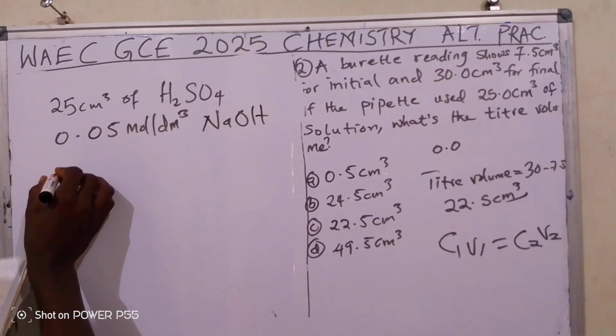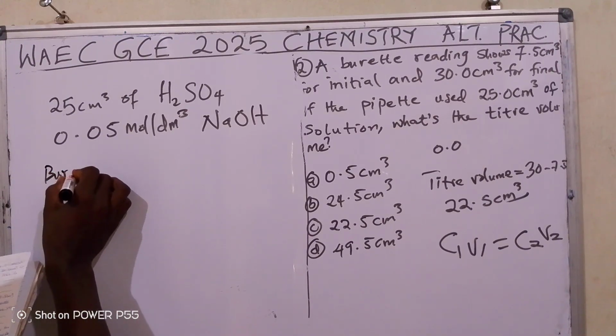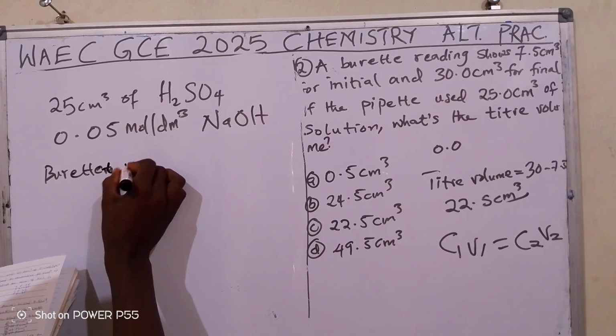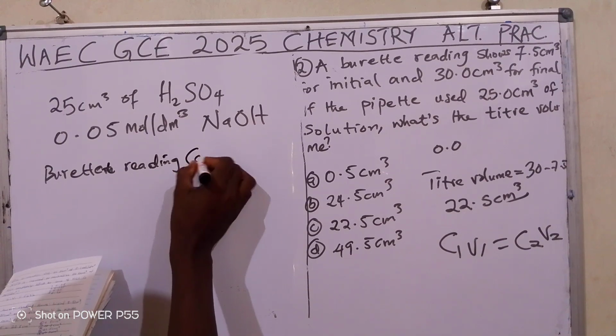Now the table given to us is, we have burette reading in centimeter cube.